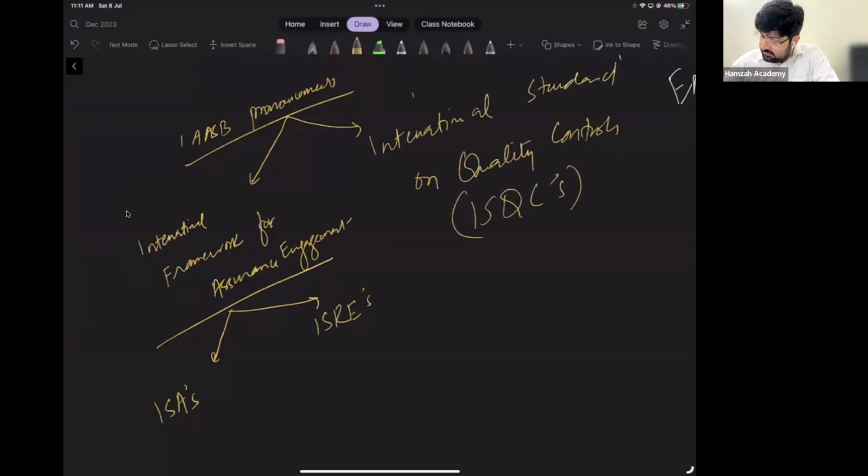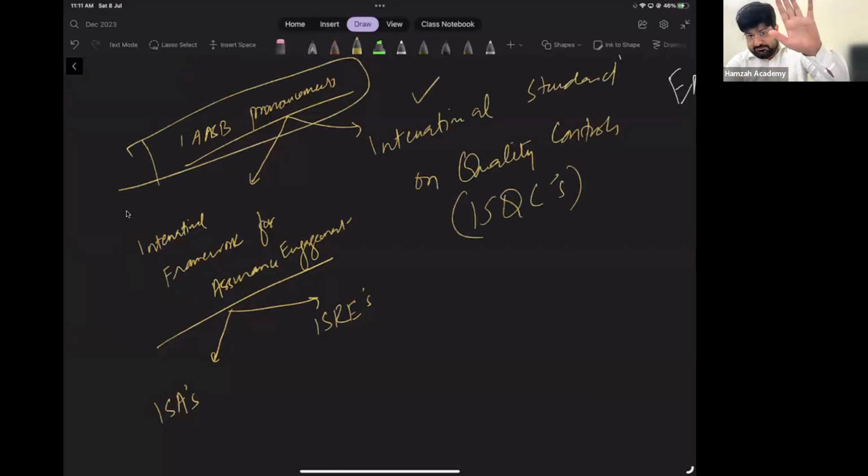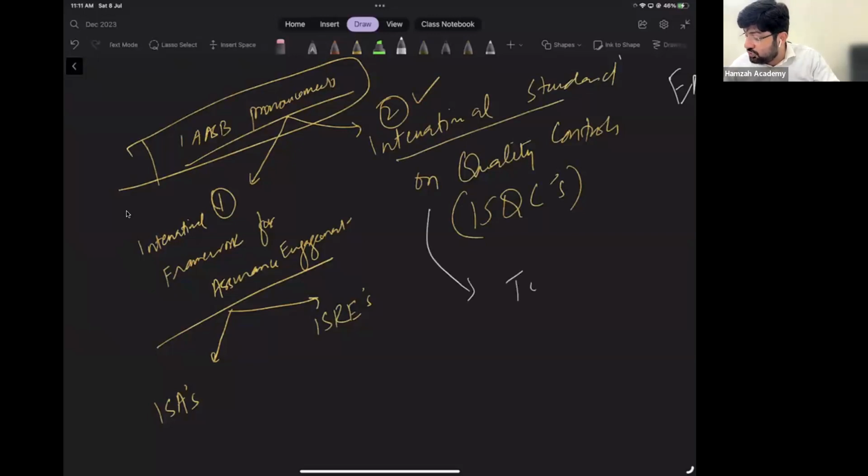What is it? It is also issued by IAASB. I will repeat, don't you worry. If you are getting confused, don't you worry.